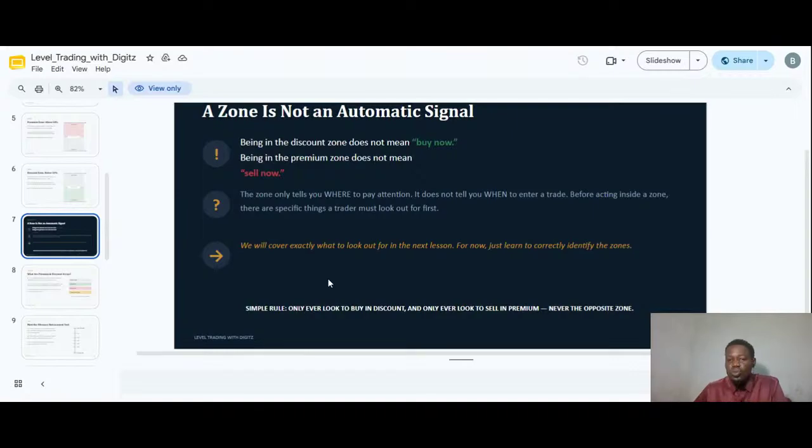Now, what do you do? The zone only tells you where to pay attention. It does not tell you when to enter a trade. Before acting inside the zone, there are specific things a trader must look out for first, and we will cover this in the next lesson.